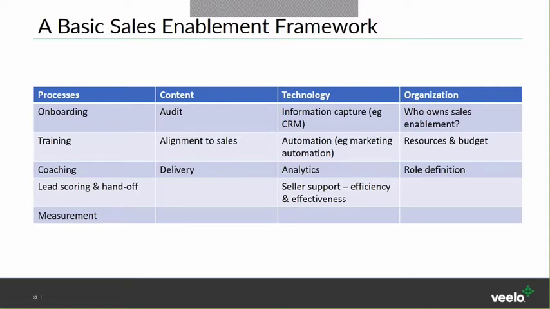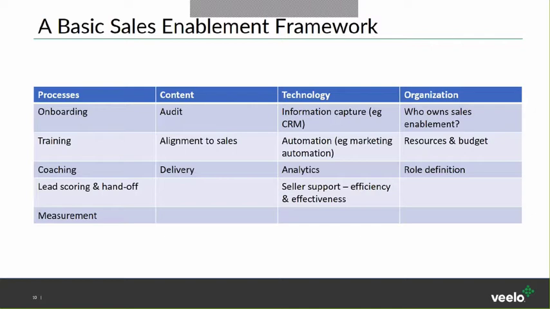There's always more to be done, and there's add-on tools that allow you to get more sophisticated. But then there's also seller support around efficiency and effectiveness. So there are tools out there that help. If you're drowning in leads, it helps your reps prioritize which leads should I focus on now. And that may be a lead, or also may be something that's in the pipeline and I'm trying to close.